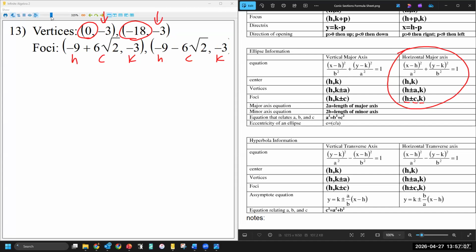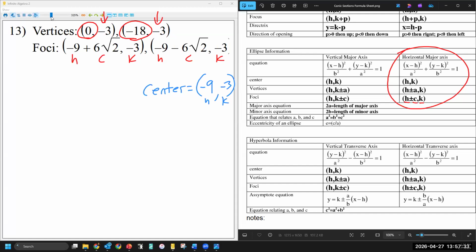All right. So next, I have h, I have k. I can get a from the vertices. So remember, we just found our center, which is -9 because it's h, comma, -3 because it's k. Well, our vertices are how far it is from the center, and it's a units.